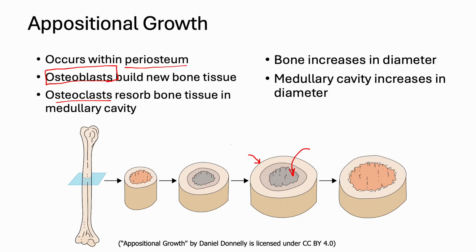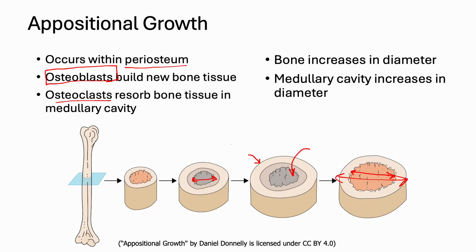So what we see is the size of the bone diameter is getting larger because bone is being built to the outside. But the internal cavity diameter is also getting larger because the osteoclasts are resorbing some of that bone tissue from the medullary cavity.